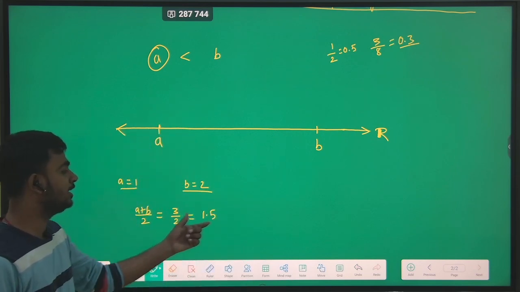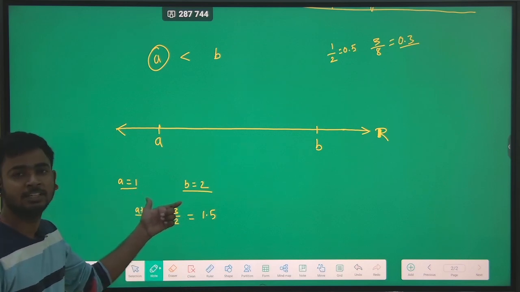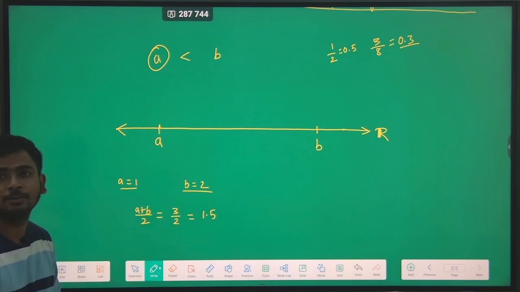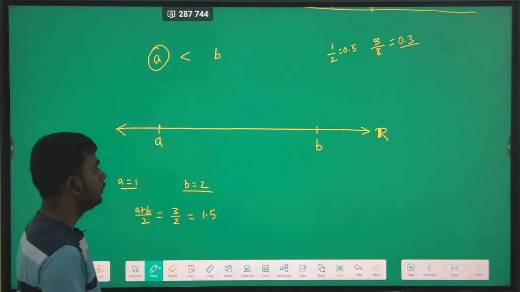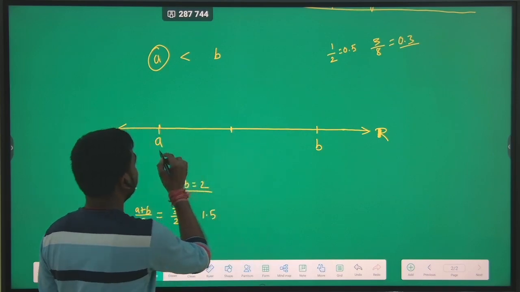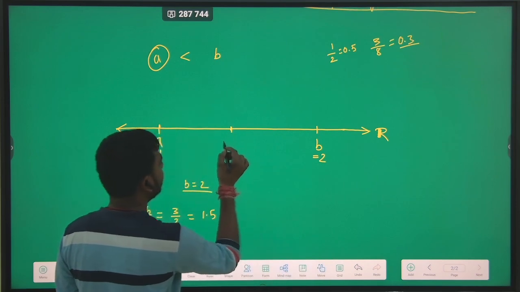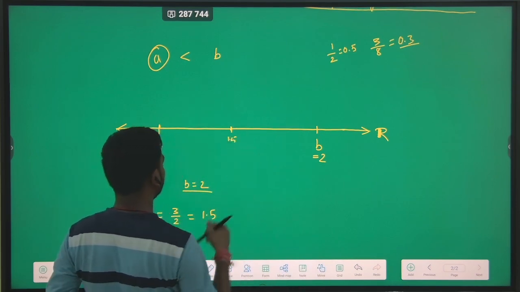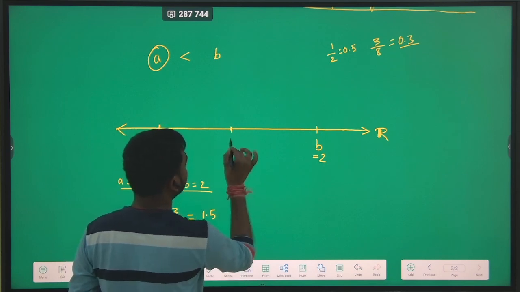So where will 1.5 lie? It will be in between A and B. So we will get 1.5 in the middle of A and B. That is, if we have taken A as 1 and B as 2, we will get 1.5 here. So we will get A plus B by 2 here.